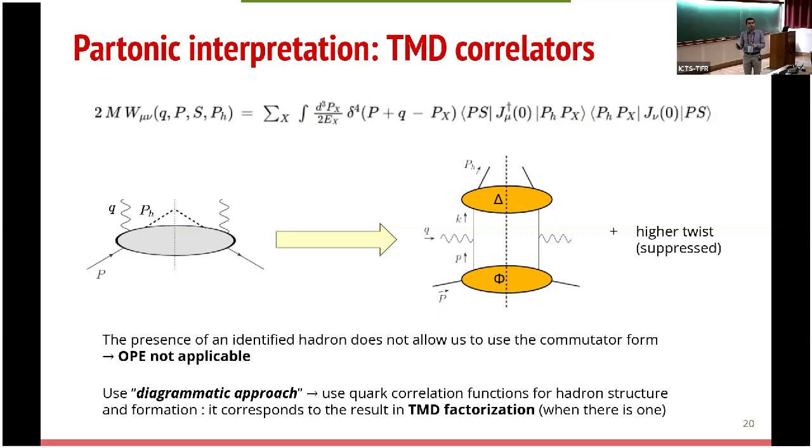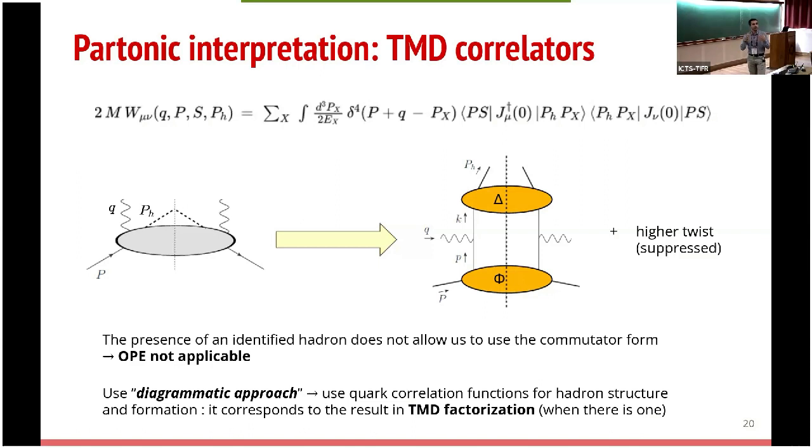I do all the calculations. I take into account the UV and the rapidity divergences of my diagrams. I work out the cross-section, and I obtain a result which is identical to this one, but with the objects properly renormalized.